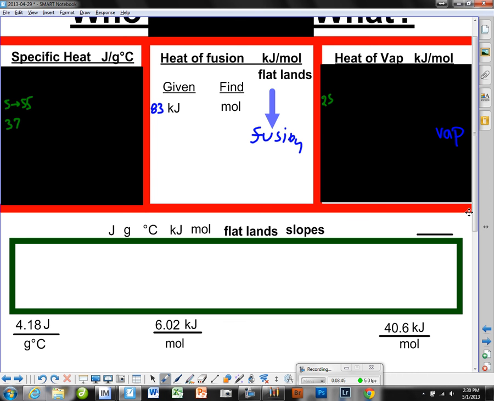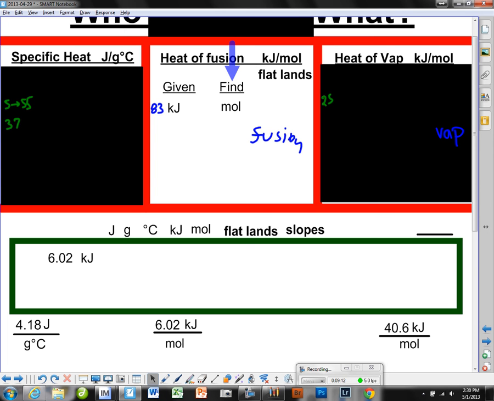Let's do it. We got the 6.02. Let's get the 6.02 up here. And what's the unit of measure that goes with 6.02? Kilojoules, okay. And from the find, what are we going to have on top in this fraction? Moles.